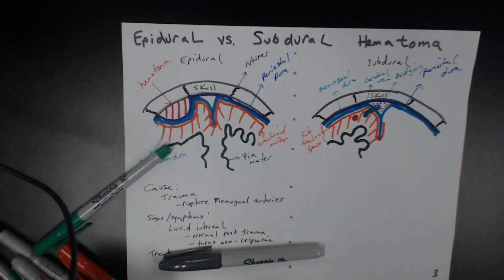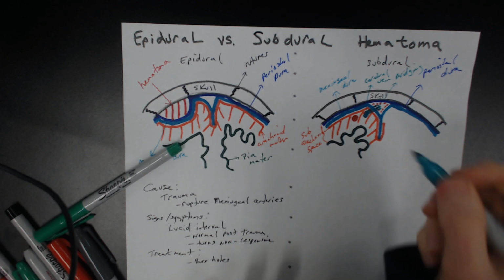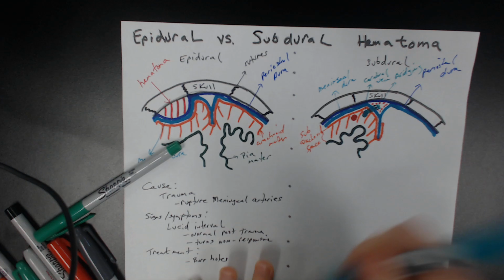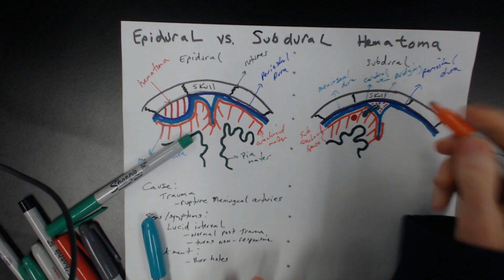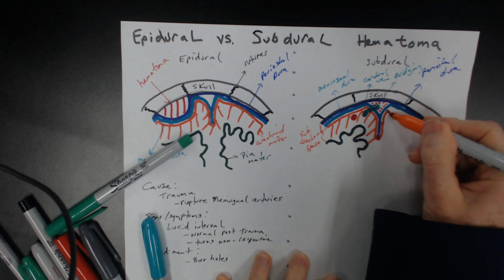Okay, so what happens is that in a subdural hematoma, it's the bridging veins that rupture. Okay, we'll talk about how that happens in a minute. But what it looks like is you're going to have that bridging vein that would have been there, and then here's the arachnoid matter.